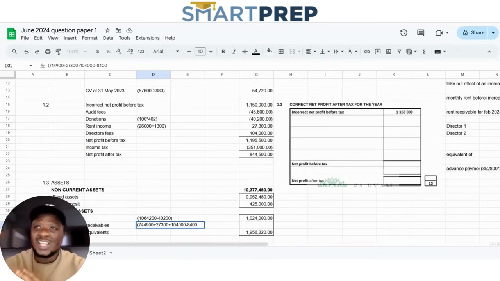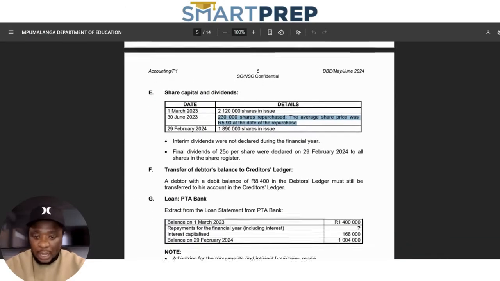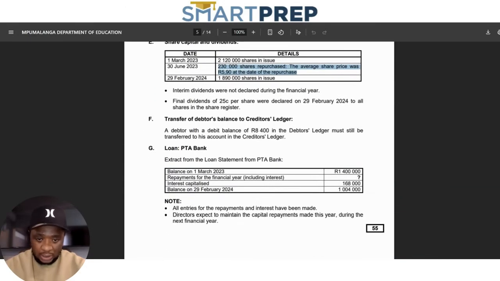But with liabilities, you debit them when they decrease and credit them when they increase. So that's what we do with that 8,400. Please make sure that you are very attentive to situations like that, because that's something that sometimes can throw people off. And then we have the loan and the other things. Now there isn't much left.